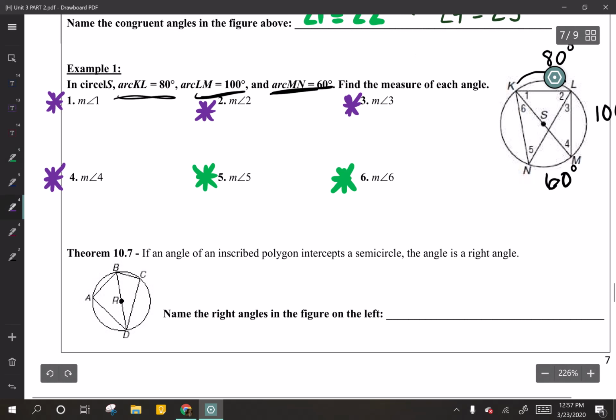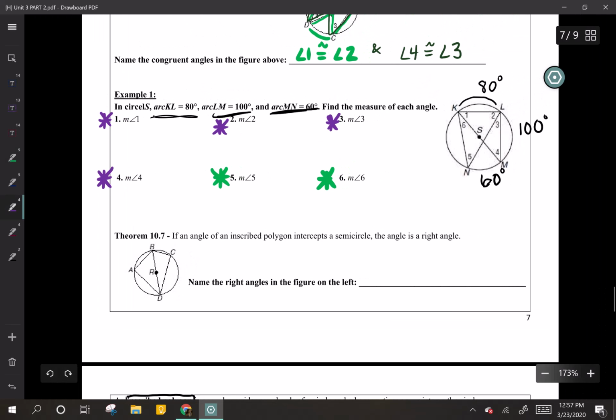Do problems 1, 3, and 4 first, because those are just straightforward angle theorem. So angle 1, I notice, is this angle right here, and it intercepts LM over here. So that's just 100 divided by 2 to give me 50.